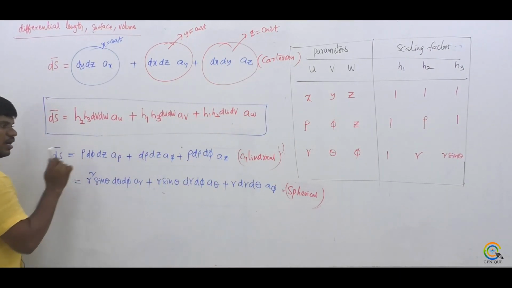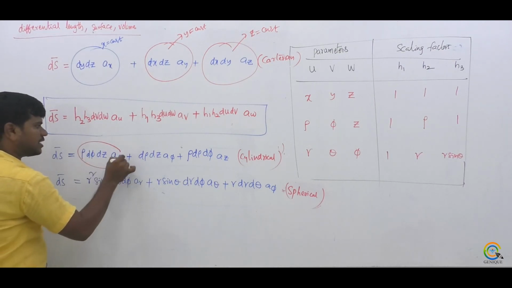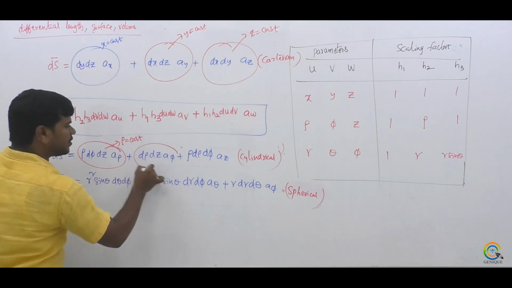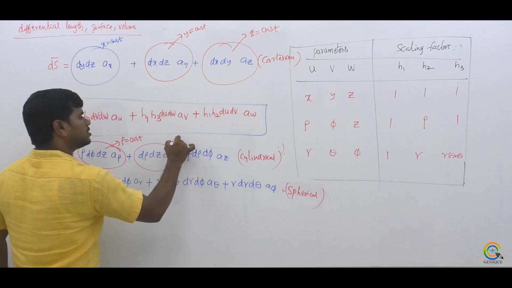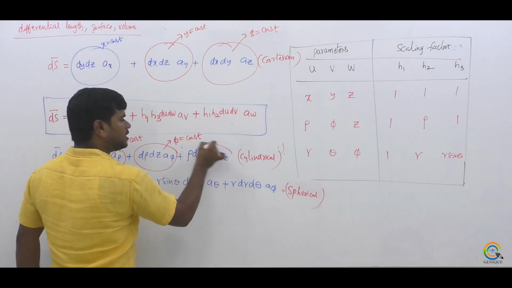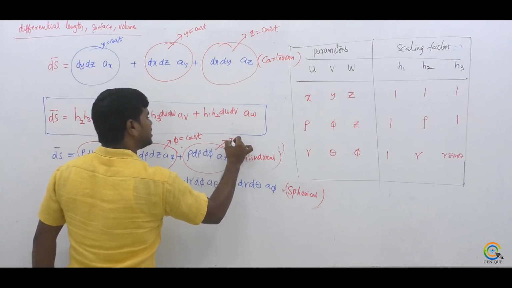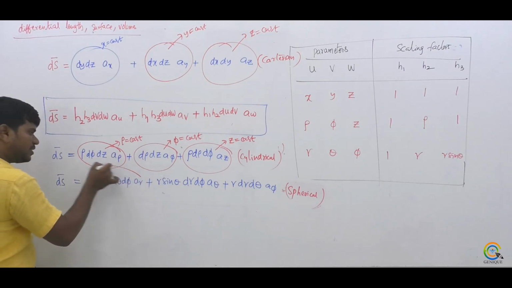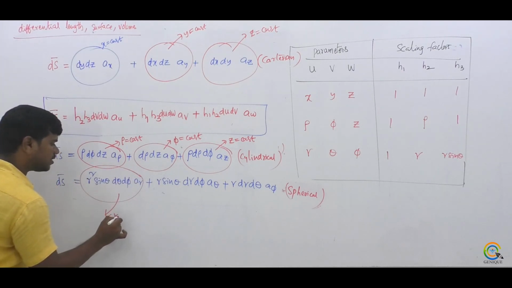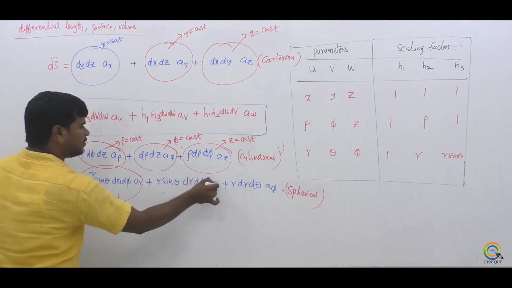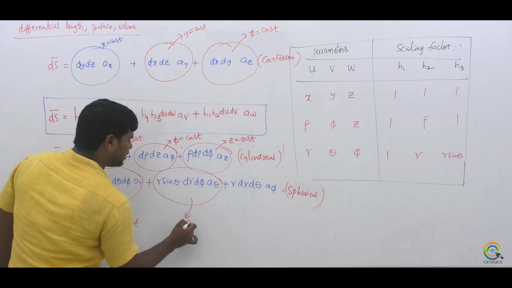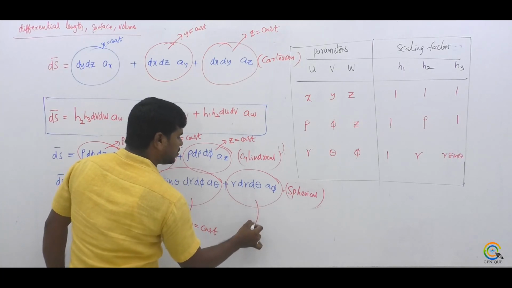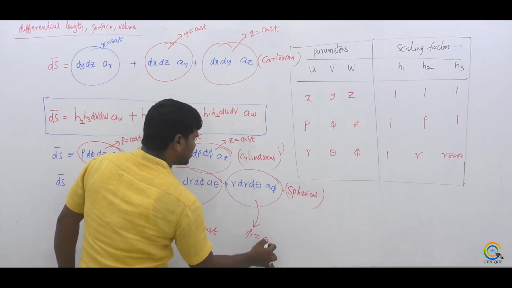Okay, come to this. This differential surface area is used for the rho equals constant surface, this for the phi equals constant surface, and this for the z equals constant surface. And this differential surface area is used for the r equals constant surface, this for the theta equals constant surface, and this for the phi equals constant surface.